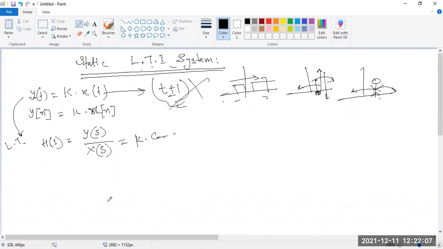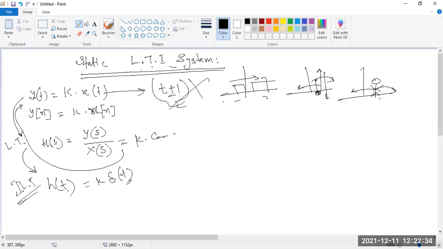k is the constant. If we take the inverse Laplace, frequency domain back to the time domain, we get h of t. Since k is a constant, we get an impulse function.